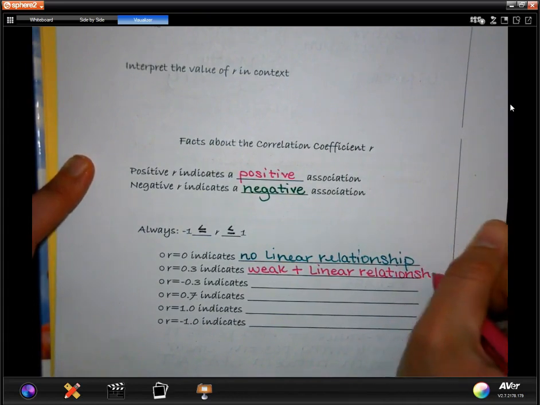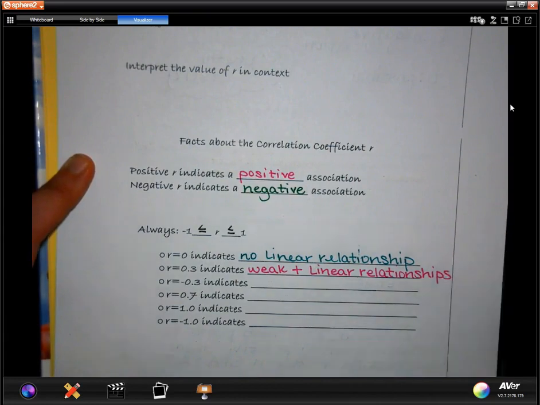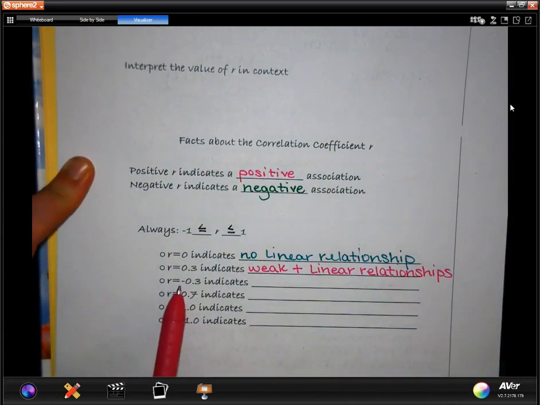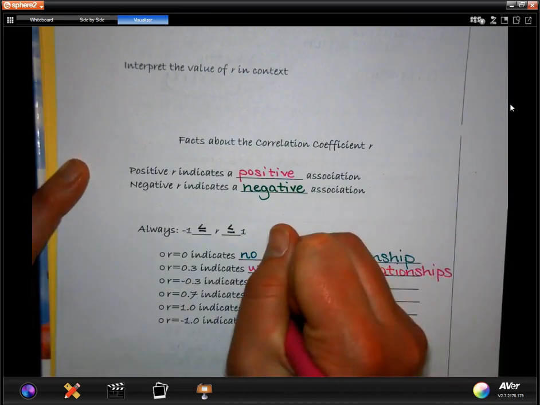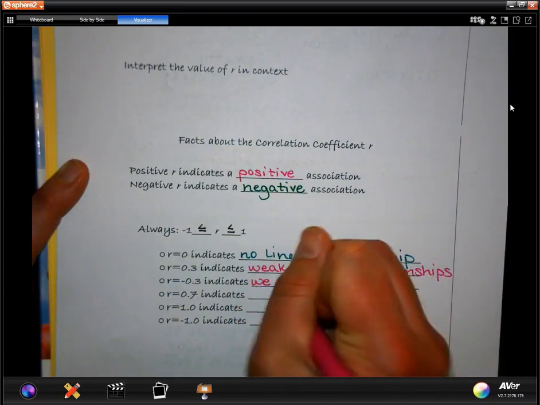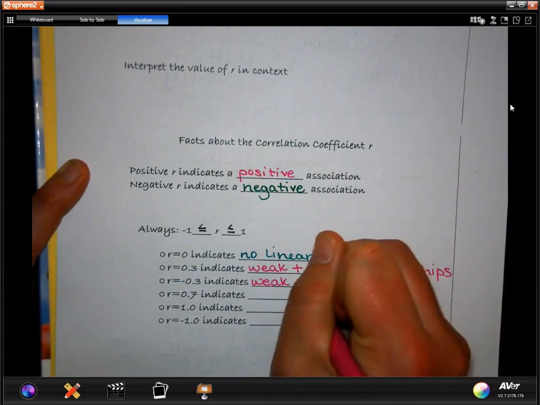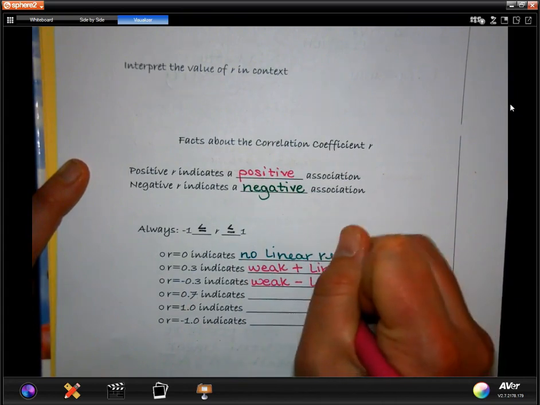And if it's negative 0.3, the only thing that changes is that it's a negative. So it'd be weak negative linear relationship.